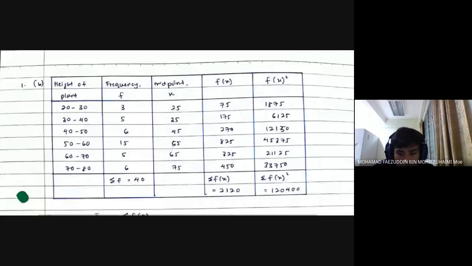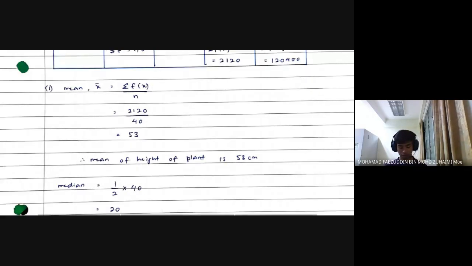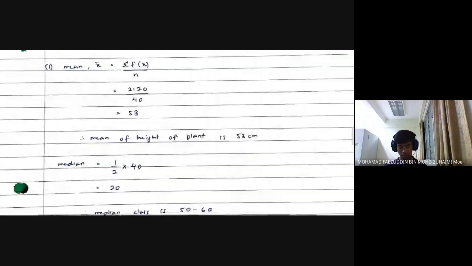Okay, for question B1, first of all, we reconstruct the table and add the midpoint, fx value, and fx square value. So for the question number one, find the mean and median height. We can find the mean by using the formula mean equal to summation fx over n. So we substitute the data and we got the mean is equal to 53 centimeter.